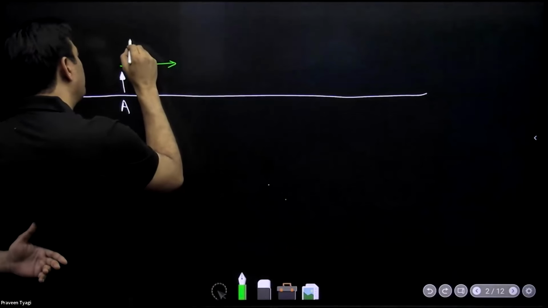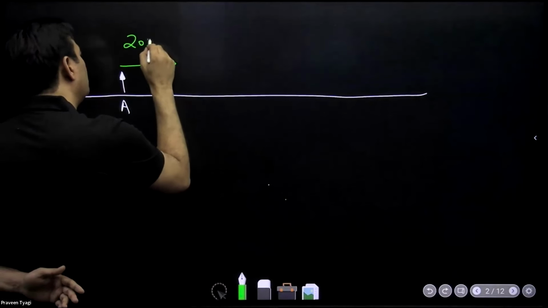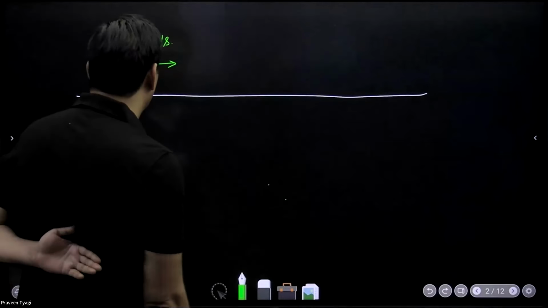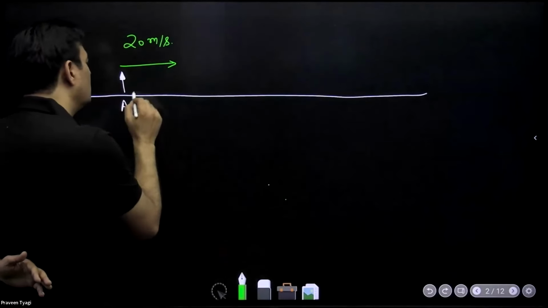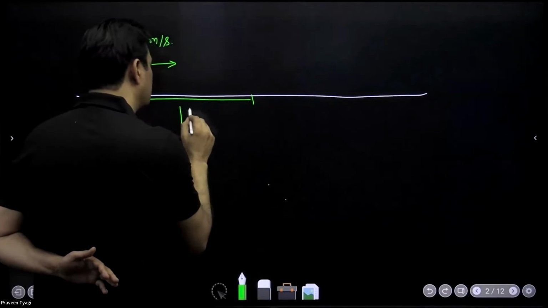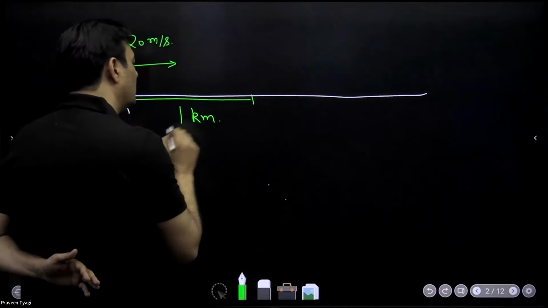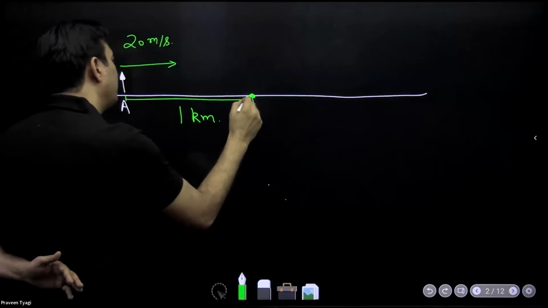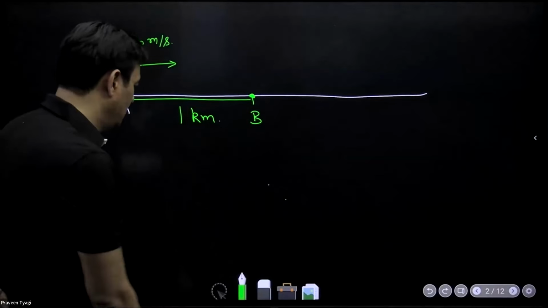And my constant speed is going to be 20 meters per second. I'm going to drive it with constant speed 20 meters per second for 1 kilometer distance from A to B. Till B point, I was driving myself with 20 meters per second.